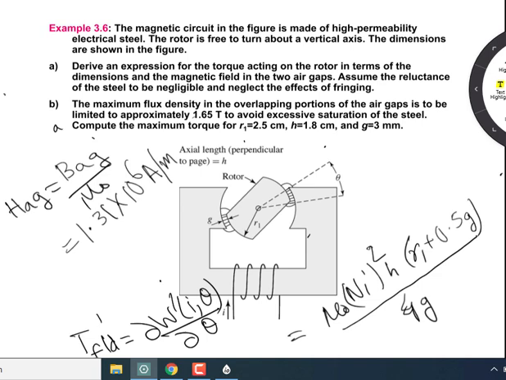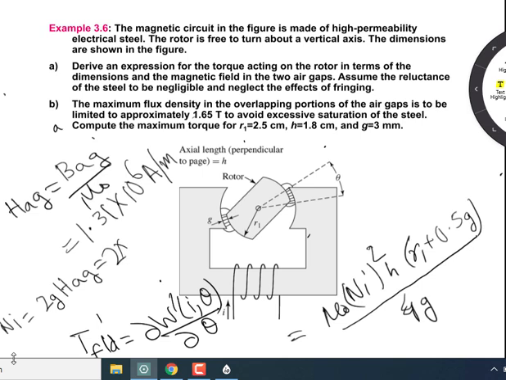Now, Ni is equal to how much? Ni is equal to 2g into this H_g. So what about this 2g? It is 2, g is 3 millimeters.